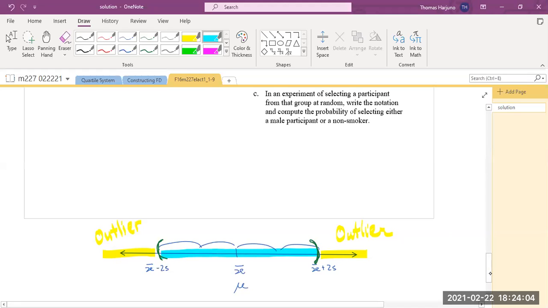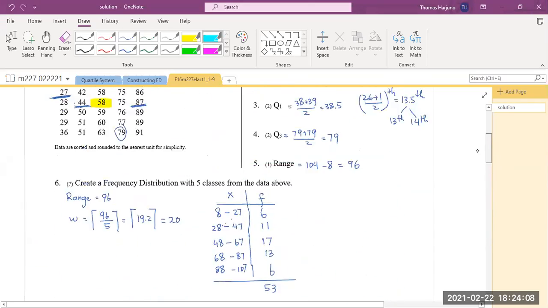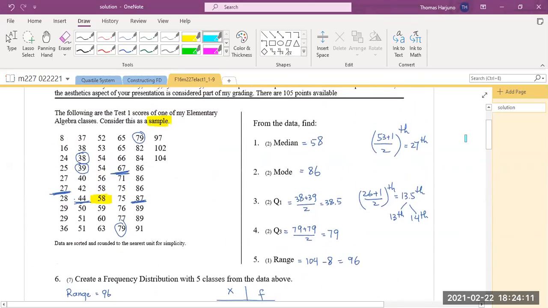Now, what is the idea behind this? If we look back into this original data, how do we know if the 8 is the one underperforming or 104 the one overperforming? Or are both of them just way too far away from the mean?